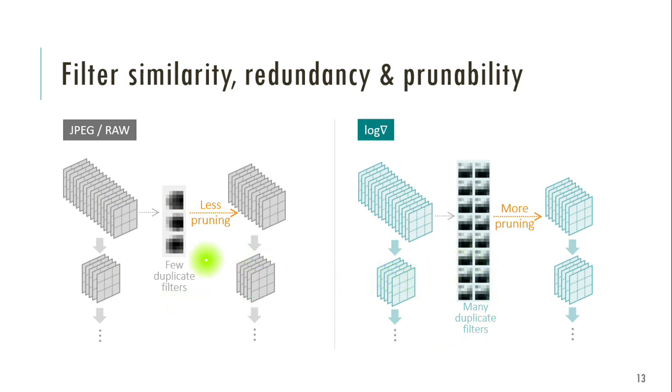This means we might be able to remove all of the duplicate filters. In this case, we can remove 2, and here we can remove 15, reserving only 1 for 1 object. The result is that we will have a smaller neural network.